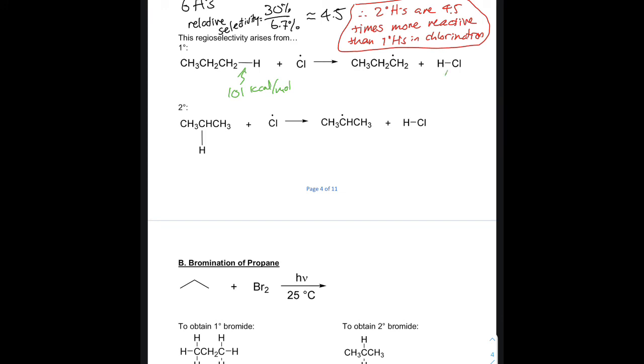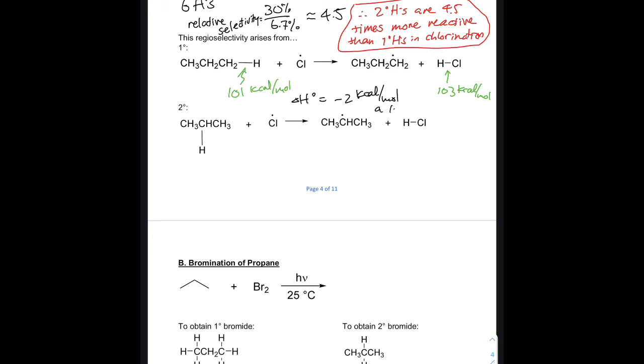And the bond you're forming is the HCl bond, worth about 103 kilocalories per mole. What does that mean? The delta H of this step would be bond broken minus bond formed: 101 minus 103 kilocalories per mole, which is math even I could do, would be negative 2 kilocalories per mole.